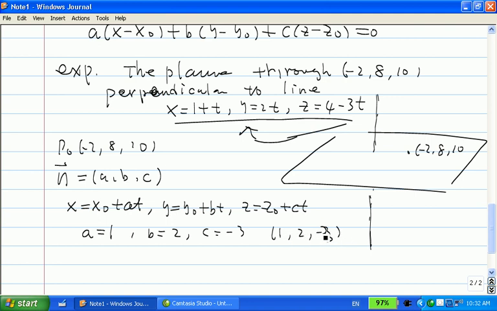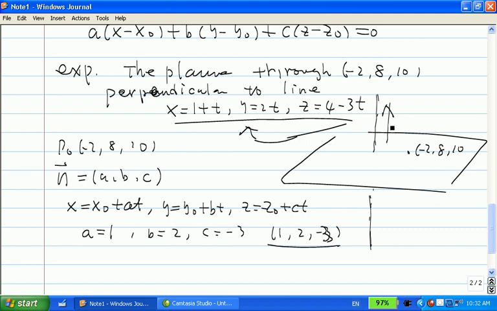What does this mean? For the equation of a line, this a, b, c vector means what? A vector your line is parallel with, right? Going back to the equation of the line, this means your line is parallel with this vector.